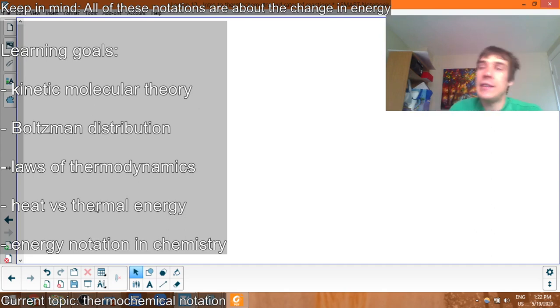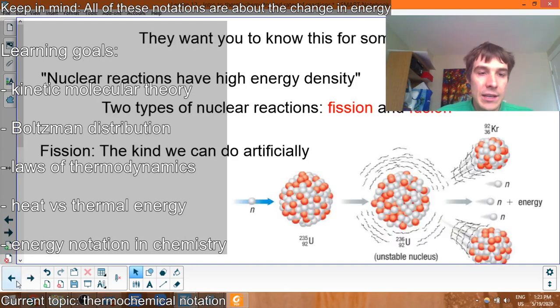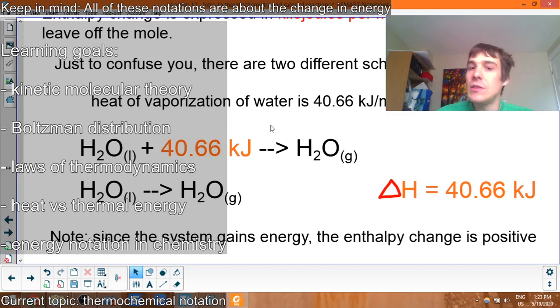You can have positive and negative heat based on whether the system loses energy or gains energy. And heat in chemistry is based on the chemical system gaining or losing energy. And then energy notation in chemistry, the delta H version and the writing it into the reaction version. So you have to know how to use both of these notations.